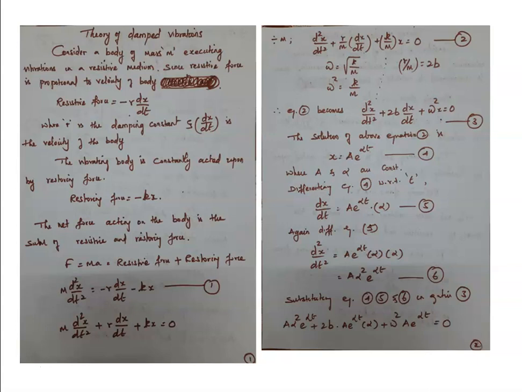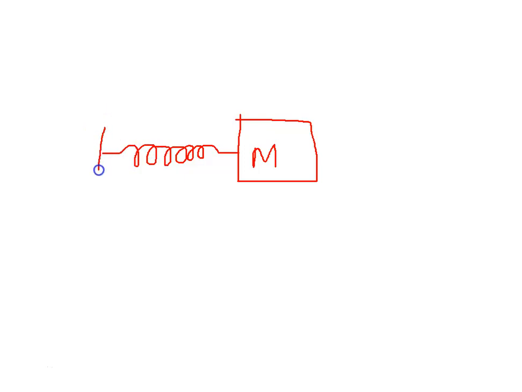Keeping all those in mind, we will try to derive the general solution for damped oscillations or damped vibrations. Let us consider a system of mass m, which is attached to a spring of spring constant K to a fixed rigid support.